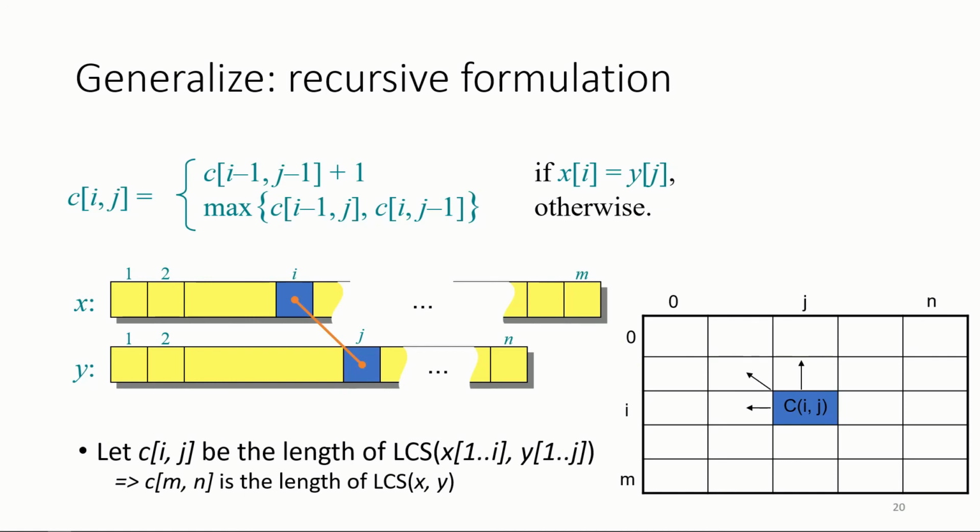Here m plus 1 is the number of rows and n plus 1 is the number of columns. The way this array is set up, the cell C[i][j] will hold the length of LCS of two strings x from 1 to i and y from 1 to j. This means the cell C[m][n] will contain the LCS of x, y.